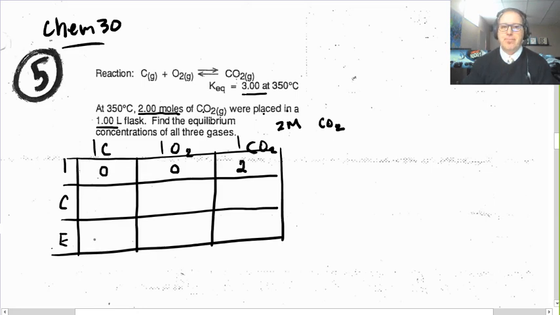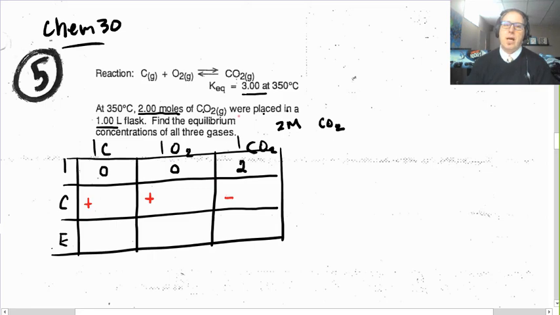Okay. Now the change, so what's going to happen with the change? Well, if we start off with CO2 only, that's going to go down, isn't it? And if we start off with 0 of these 2, those are going to go up. So we know for sure that the signs have to look like this.